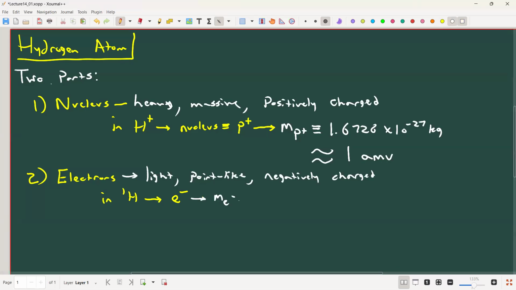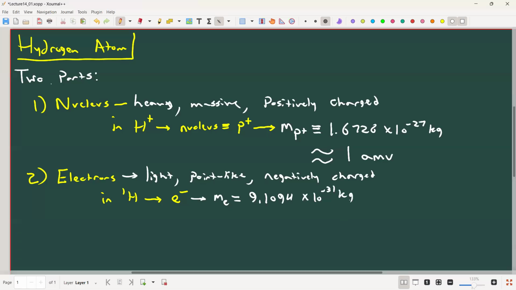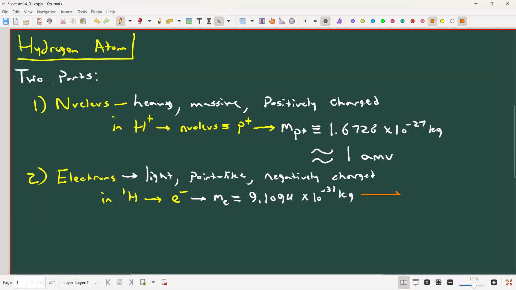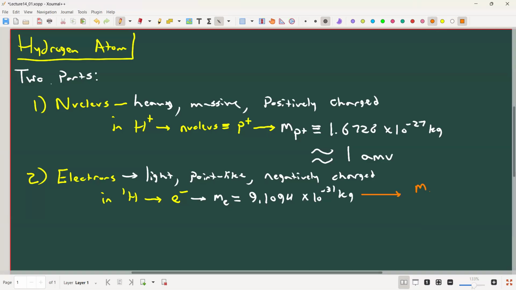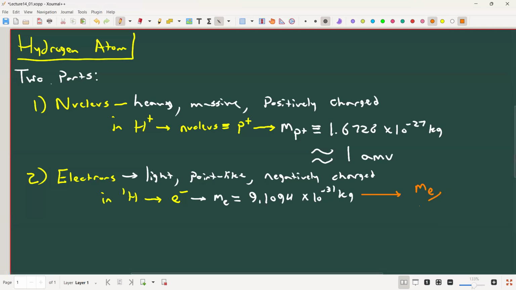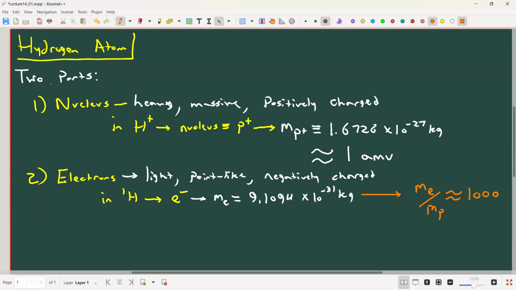And then the mass of the electron is 9.1094 times 10 to the minus 31 kilograms. This is a mass, of course, you've seen before. And we talked about this at the Born-Oppenheimer approximation, but this leads to a ratio of the mass of the electron over the mass of the proton of about 1,000. It's a little more than 1,000.